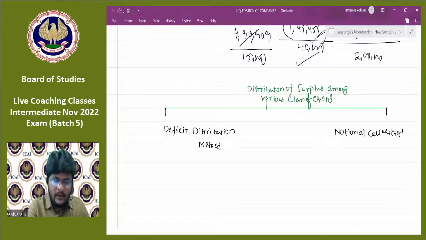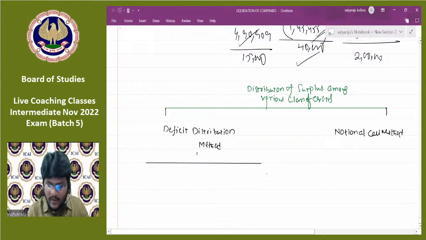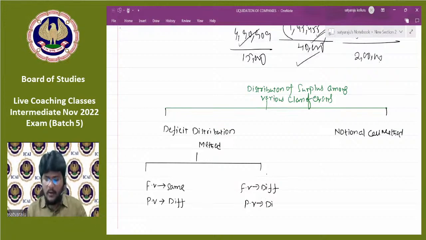Sir, in the case of the deficit distribution method, maybe two possibilities are there. Face value same, paid up value different; or face value different as well as paid up value different.